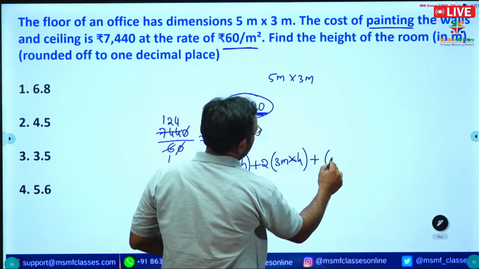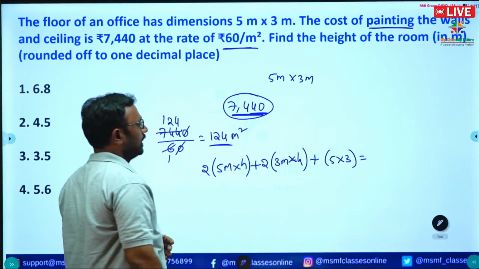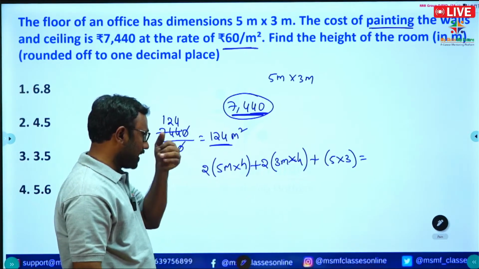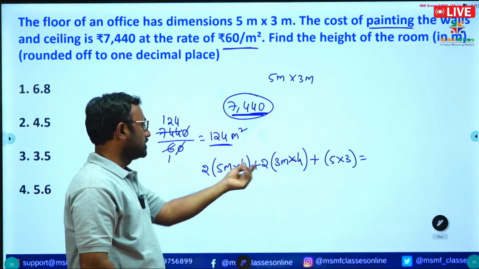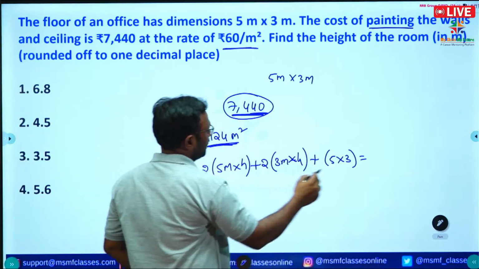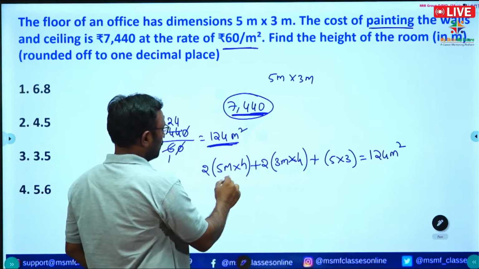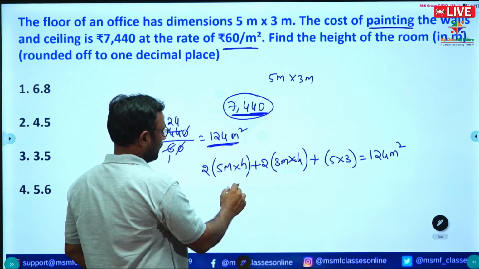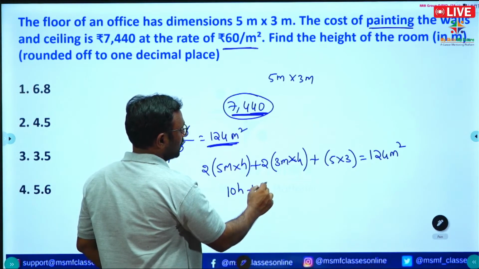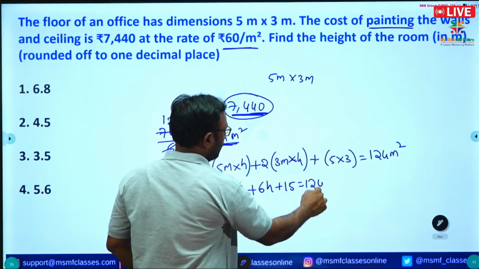So that is 5 into 3. So that is equal to the total surface area. So 2 into 5 meters into height, we don't know the height. So there are two walls here, two walls plus one ceiling is equal to 124 meter square. So here we get 10h plus 6h plus 15 is equal to 124.